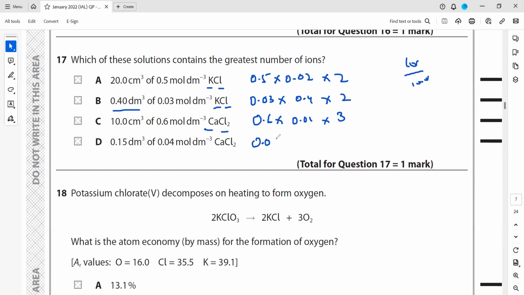And here 0.04 multiplied by 0.15 and multiplied by one calcium and two chloride, so a total of three ions are there. This will give the one which has the highest number of moles of ions, and that will have the highest number of ions. So B will be the answer. You will get the highest value for B.